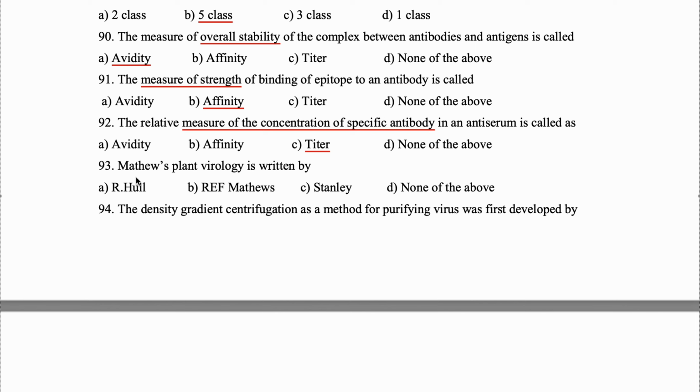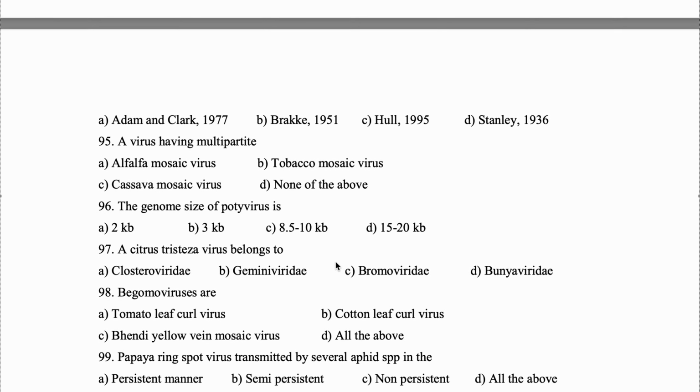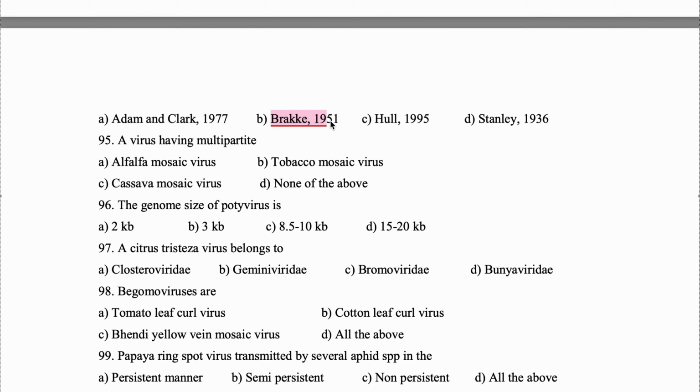Question 93. Matthews' Plant Virology is written by Roger Hull, which is an important book for plant virology. 94. The density gradient centrifugation as a method for purifying virus was first developed by Brakke in 1951. Question 95.